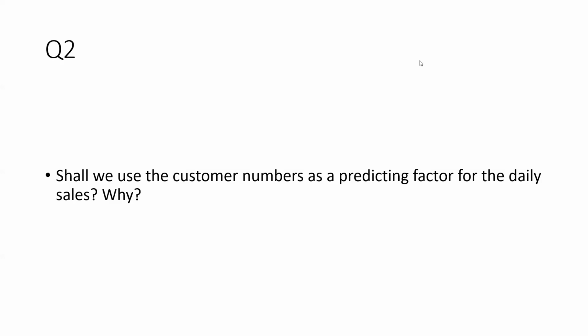Okay, so you're saying you can use customer numbers to predict the daily sales within the model? Well, I guess yes and no. You say the number of sales correlates with the number of customers in the store.